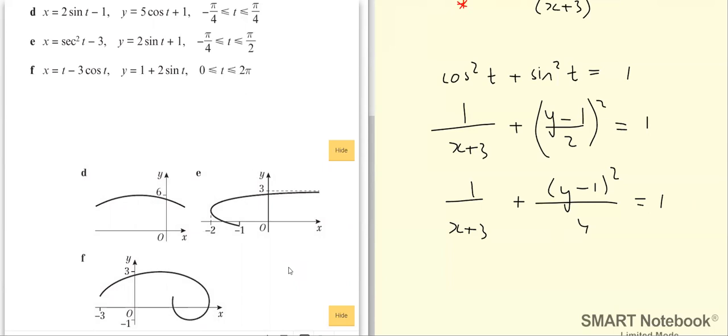In exams, I can't remember, maybe once in 16 years, they've given a sub in values and sketch. Sketch a parametric by subbing in values. Okay, you can see from part E that is not a regular shape that we are used to.